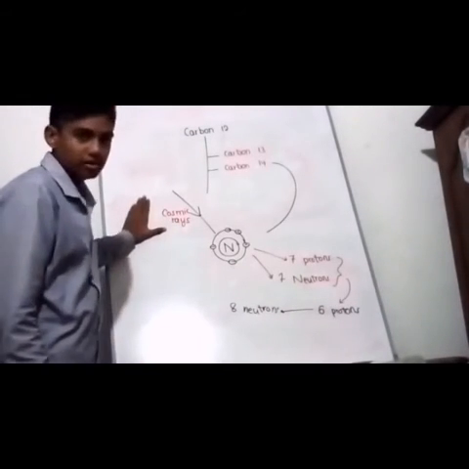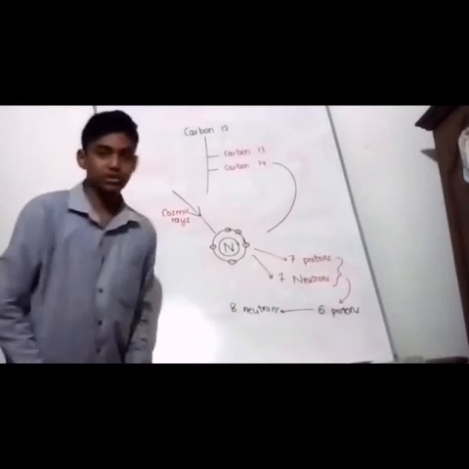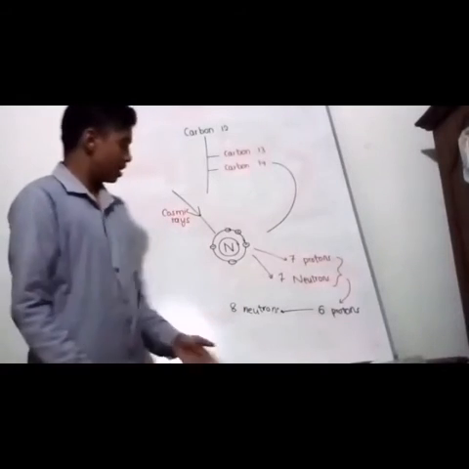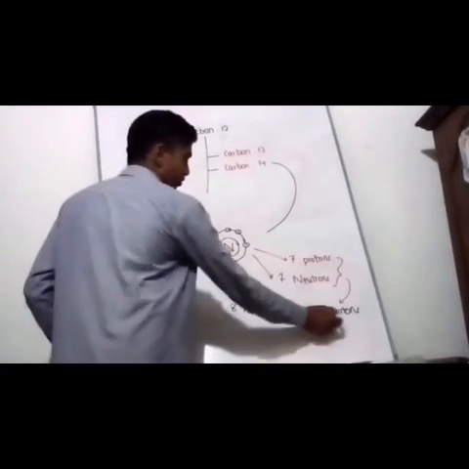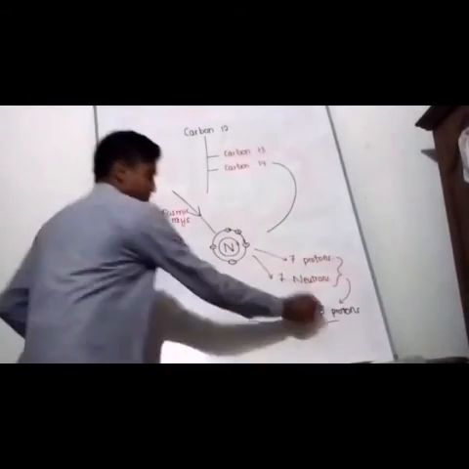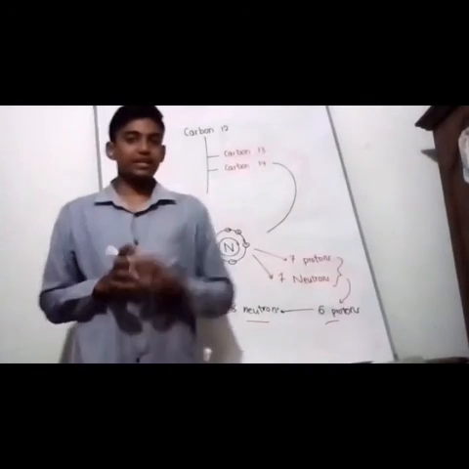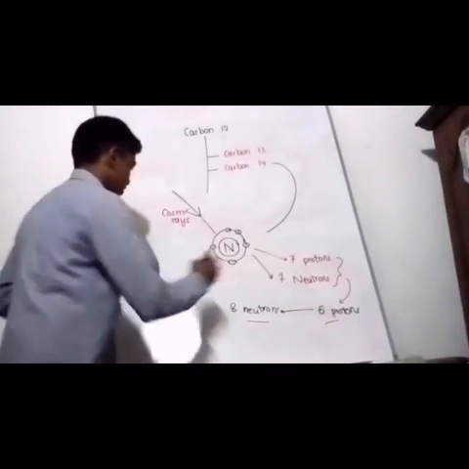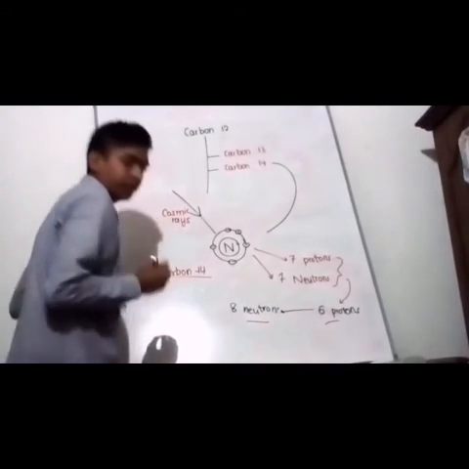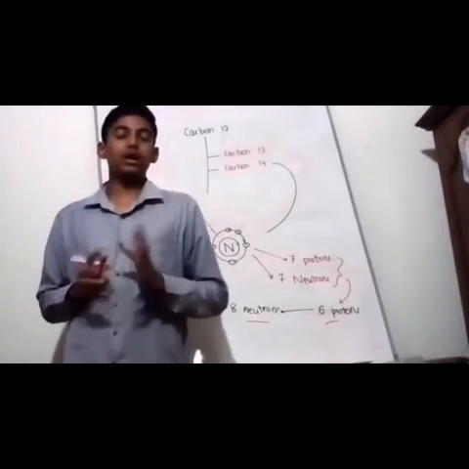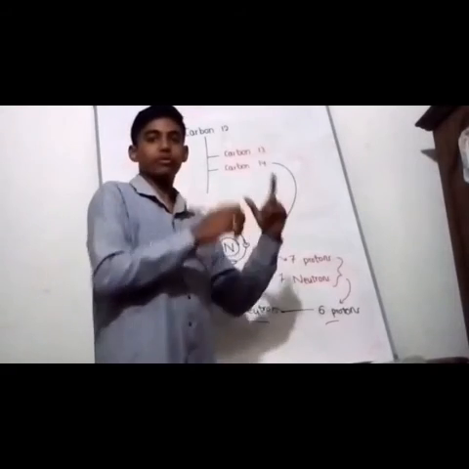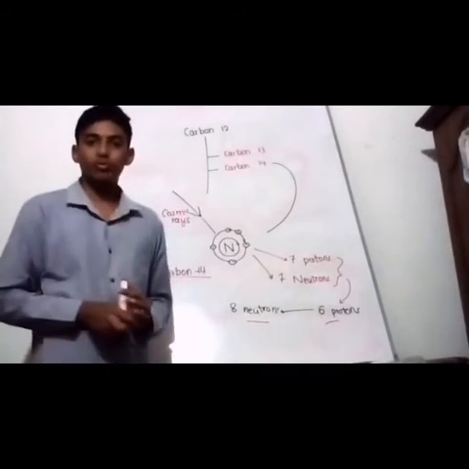So that gives 6 protons and 8 neutrons, which gives 14. 6 plus 8 is 14. So that gives us carbon 14. This carbon 14 is a very unstable element. It can decay to nitrogen over time.